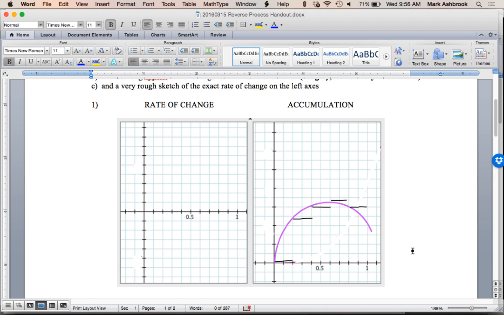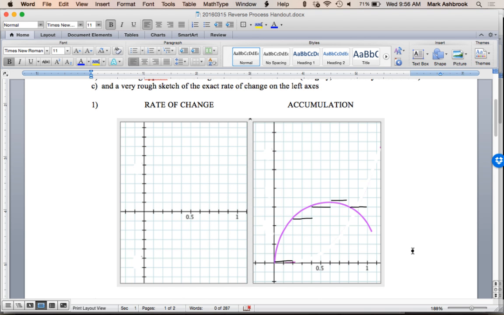This is accumulation. Think of amount or amount accumulated. So if you do this, what are you saying about the accumulation? It's staying the same. It's staying at the same value.